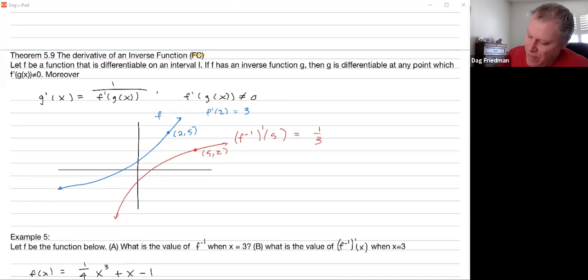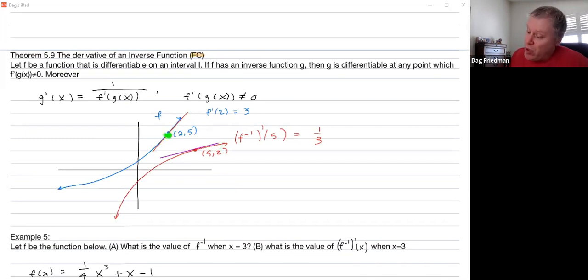In other words, if the slope of the tangent line at the point (2, 5) is equal to 3, then the slope of the tangent line to the inverse function is going to be the reciprocal, 1/3. That's the thing to keep in mind: these two slopes are reciprocals of each other.